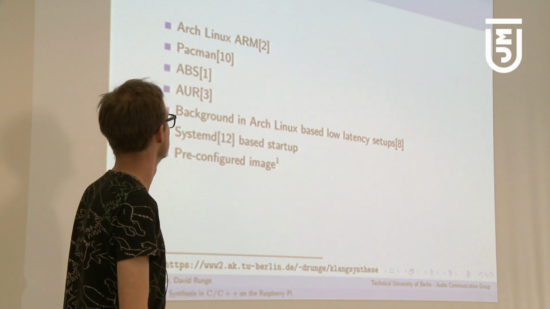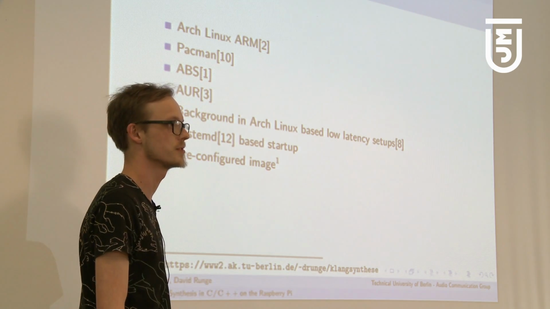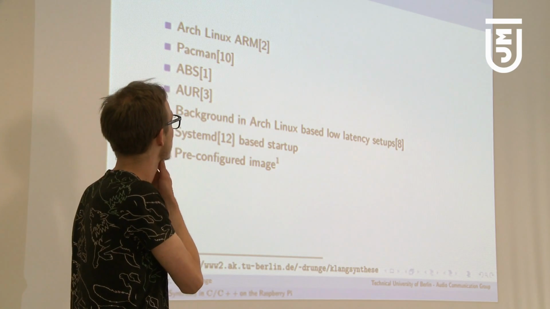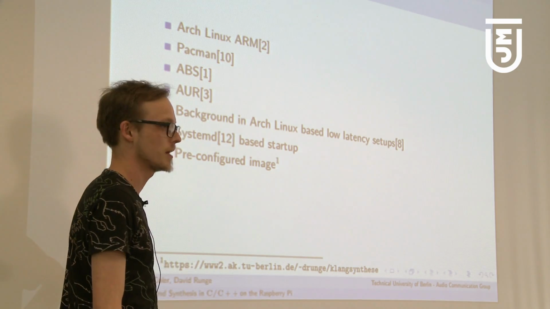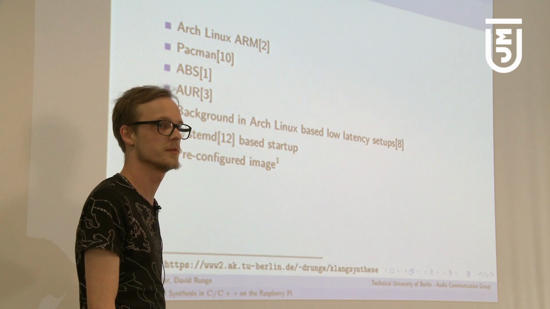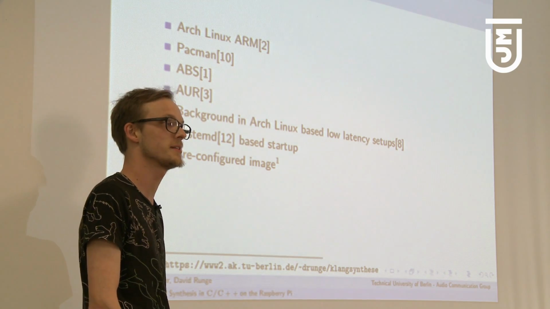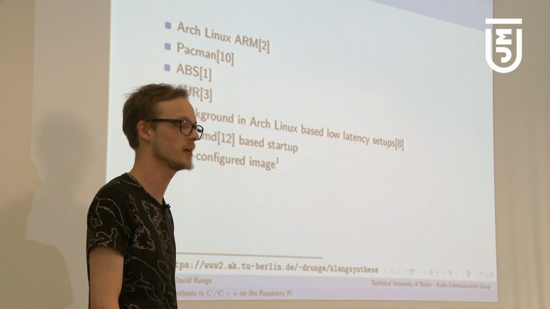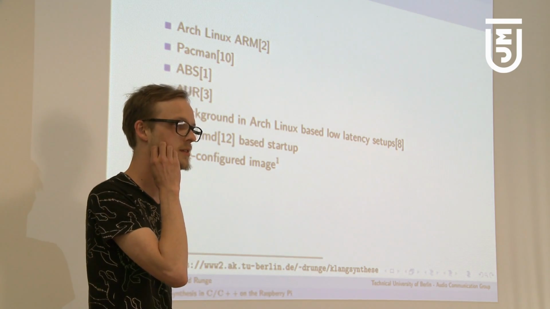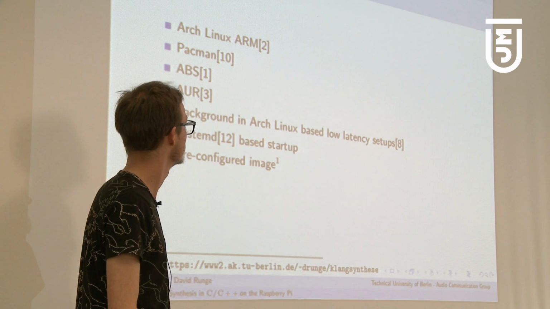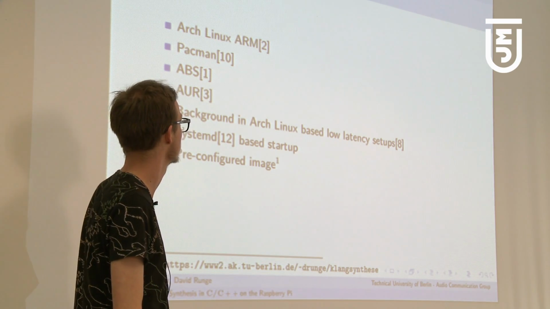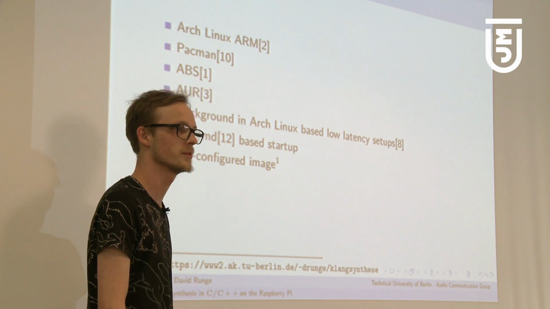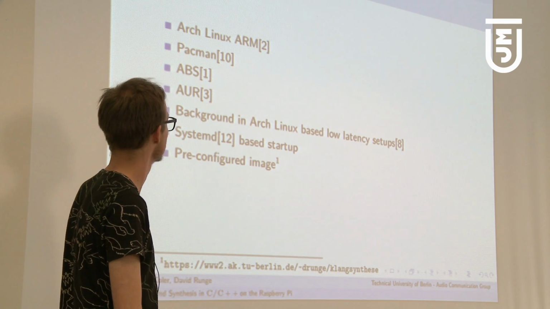With Arch Linux you have the nice tool of Pacman as a package manager. For me that's a really nice tool to use, and I really like building packages with it. For me at least, it's an easier workflow. So that's one of the reasons why we chose it.